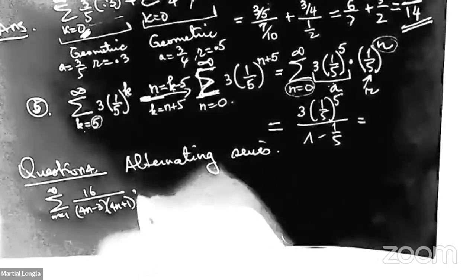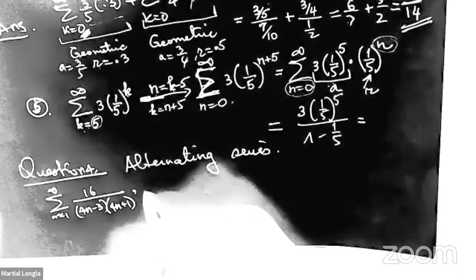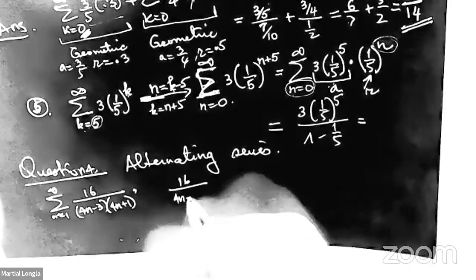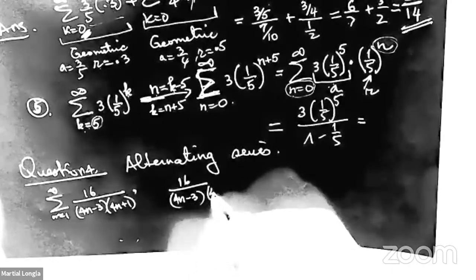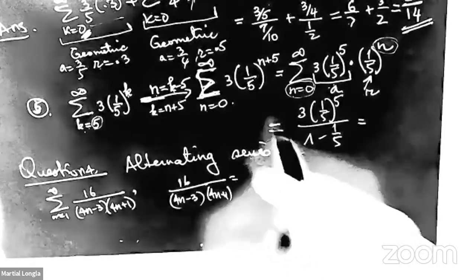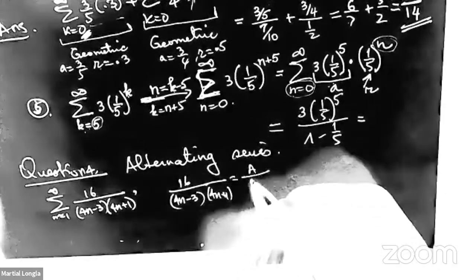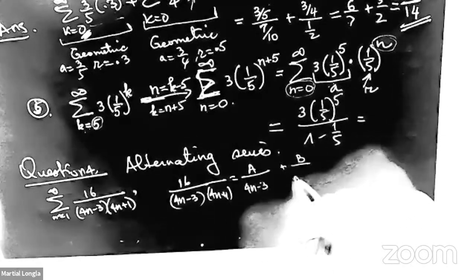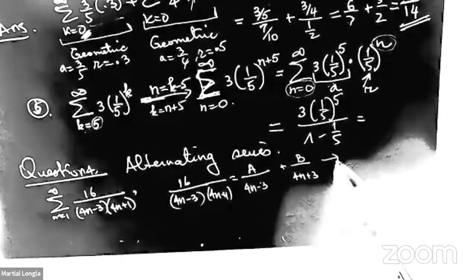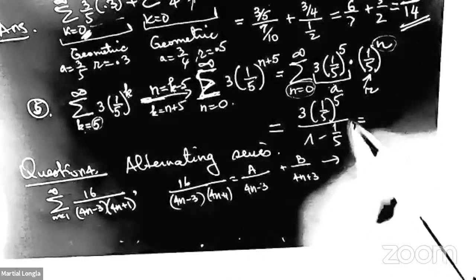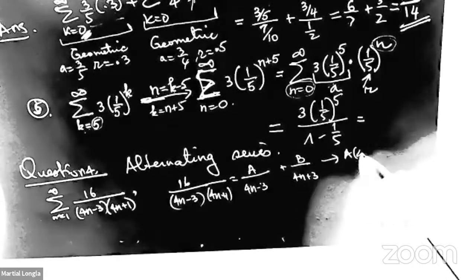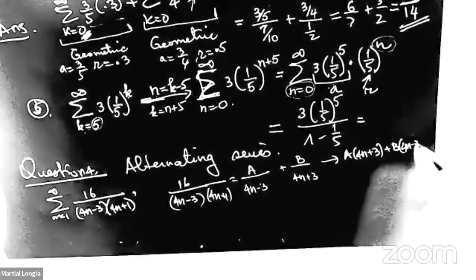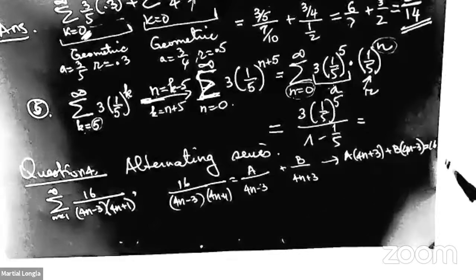So this is 16 over 4n minus 3 times 4n plus 1. We want this to be a over 4n minus 3 plus b over 4n plus 1. So we cross multiply and get rid of the denominator. You get a times 4n plus 1 plus b times 4n minus 3 equals 16.